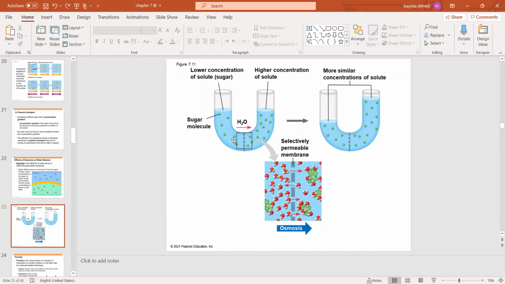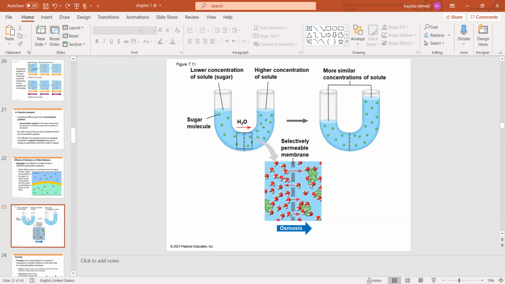Pores in this synthetic membrane are too small for sugar molecules to pass through, but large enough for water molecules. However, tight clustering of water molecules around the hydrophilic solute molecules makes some of the water unavailable to cross the membrane.